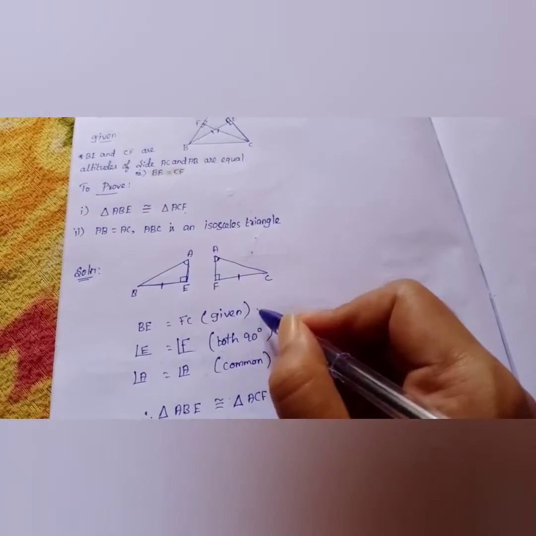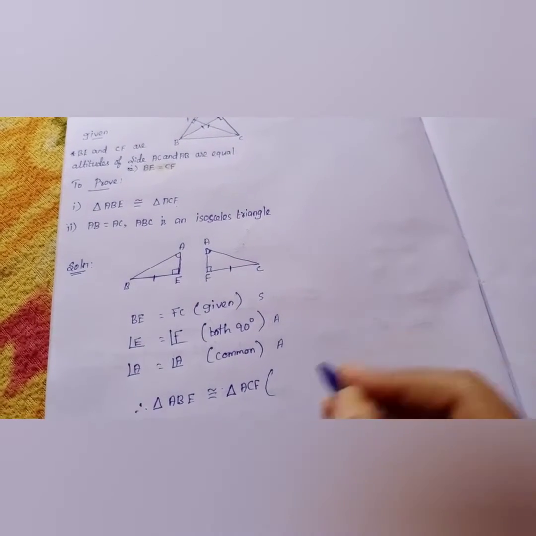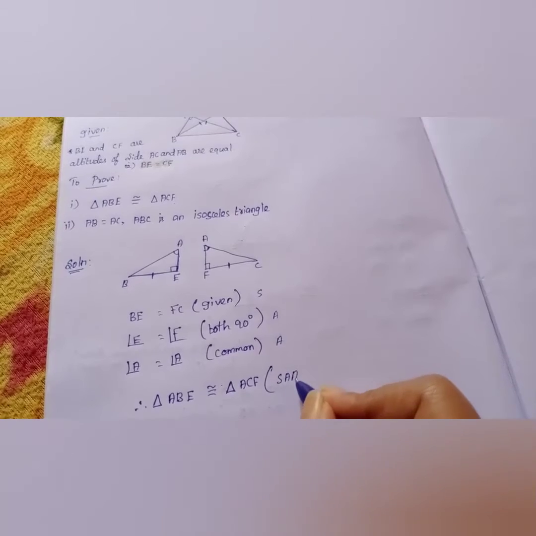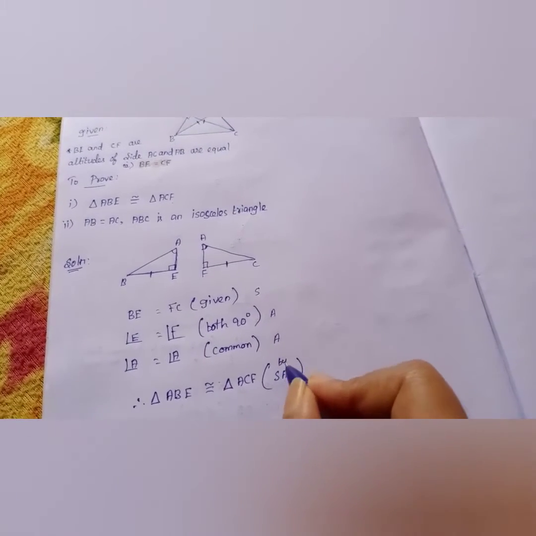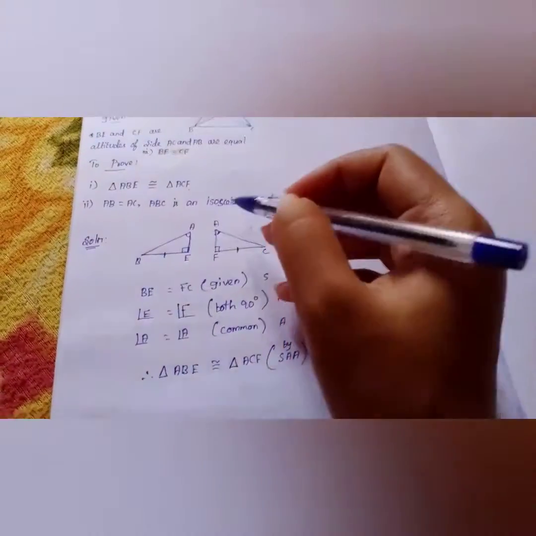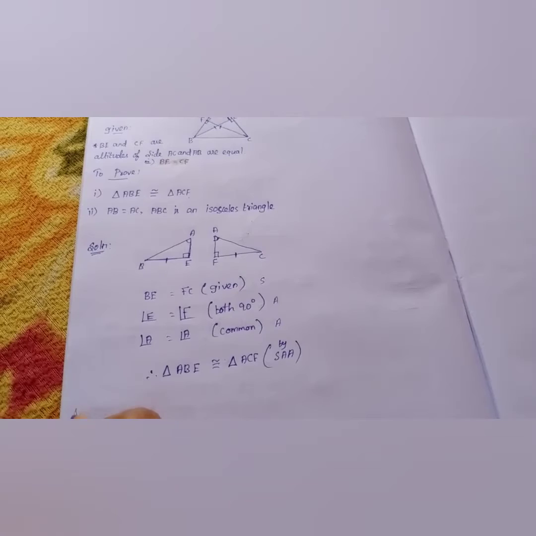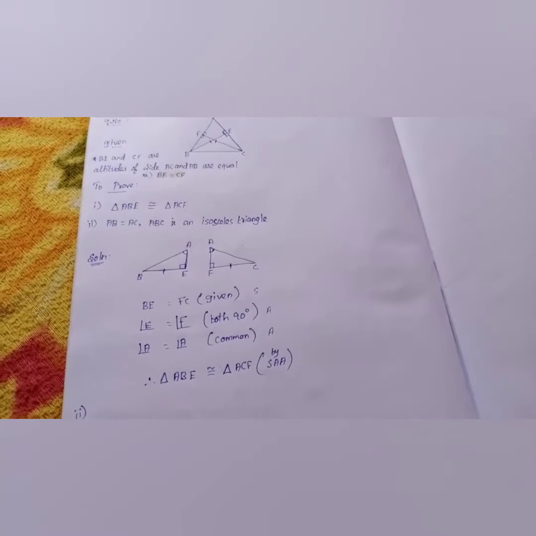So the rule here is side, angle, angle. Students, you can mention any rule by using two angles and a side, like angle, angle, side, otherwise angle, side, angle. We need two angles and one side. That's it. Okay. So don't get confused.